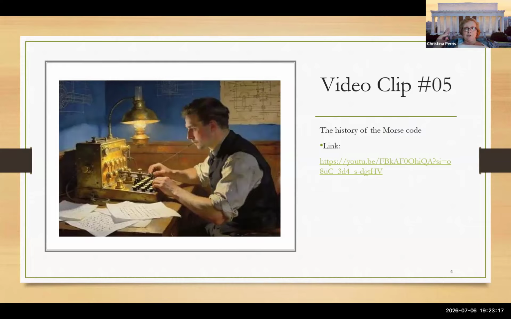The Morse code, in short, just to give you a little nutshell description, is a series of dashes and dots that would have been long and short, coded in such a way that you would know which was a letter and which was a pause between letters and a pause between words.